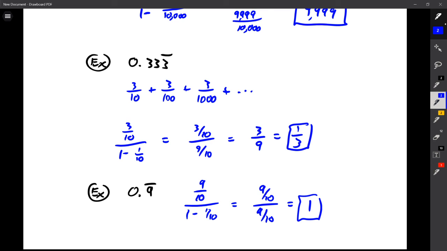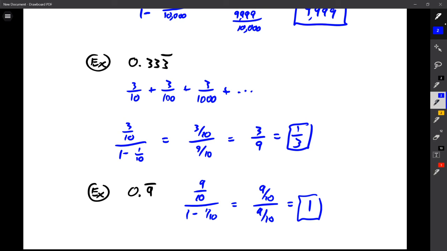And that really does not sit well with students sometimes. If we did 1 minus 0.9 repeating, you eventually have a 1 at the end, like 0.00001, but with an infinite number of zeros.